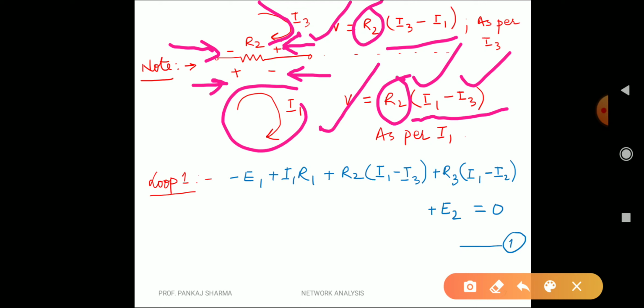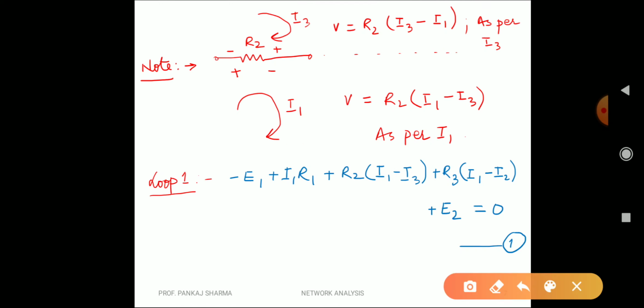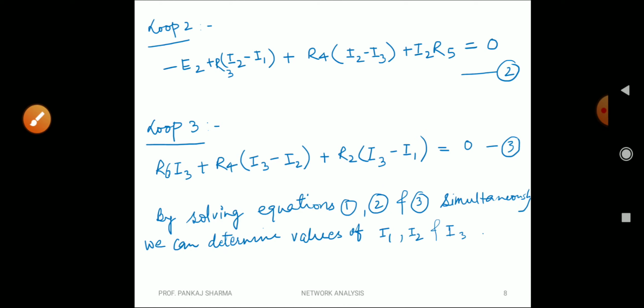Now write this KVL for loop number 1: minus E1 plus I1 R1 plus R2 into I1 minus I3 plus R3 into I1 minus I2 plus E2 is equal to 0. Call it equation number 1. For loop number 2, you can just see the diagram, or if you have noted it, you can very well write the equation from here.